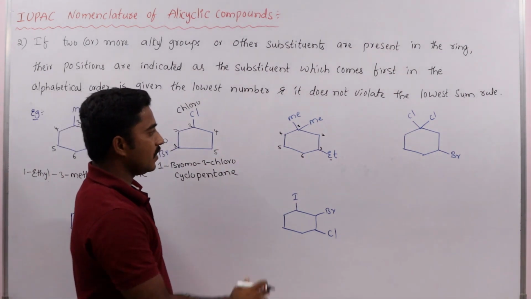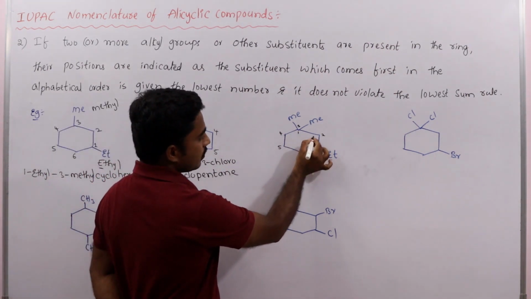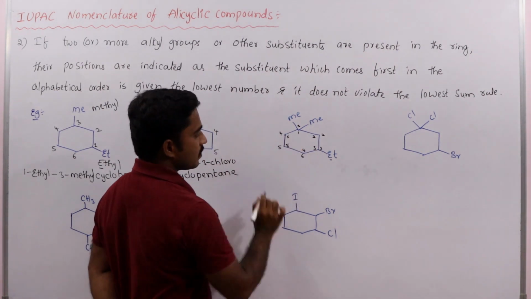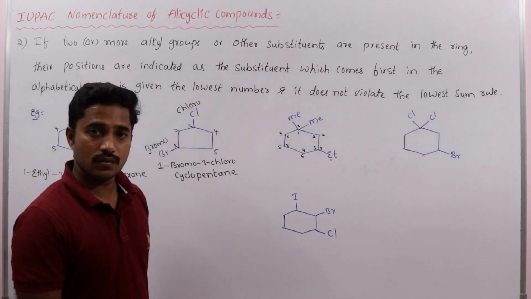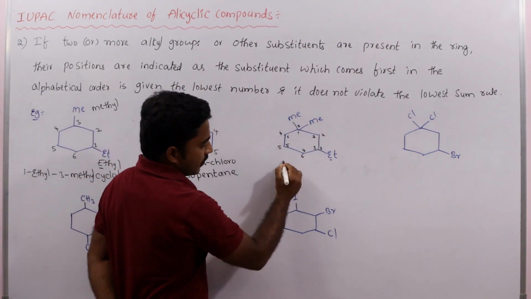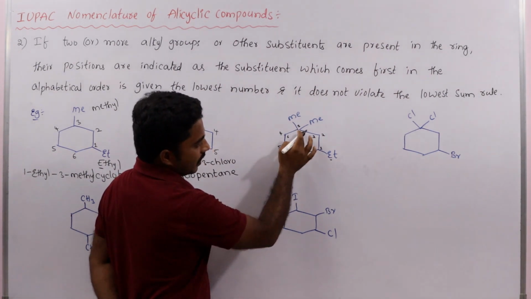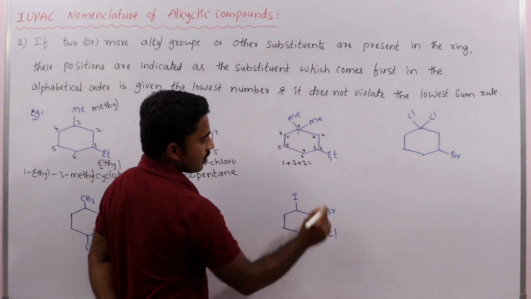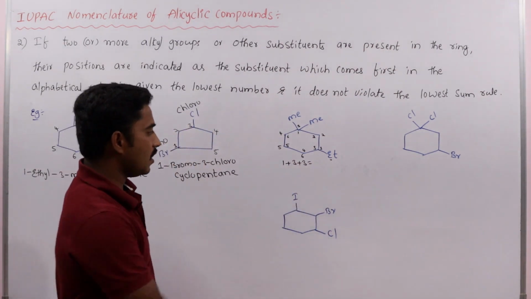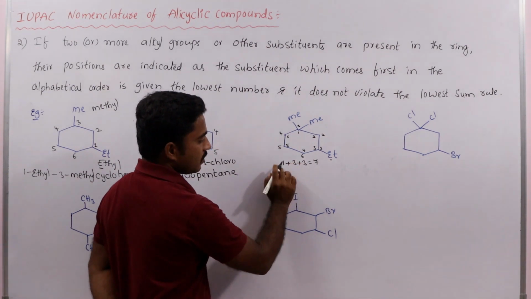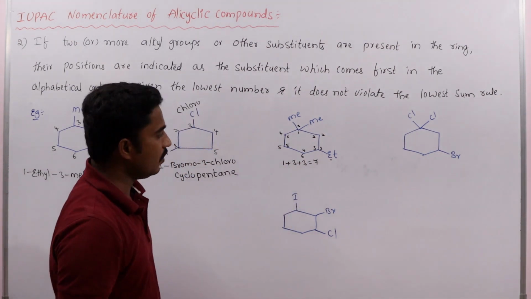Otherwise, if you give numbering like this, ethyl at the first position, then 2 methyls at the 3rd position: 1 plus 3 plus 3, that means totally 7.